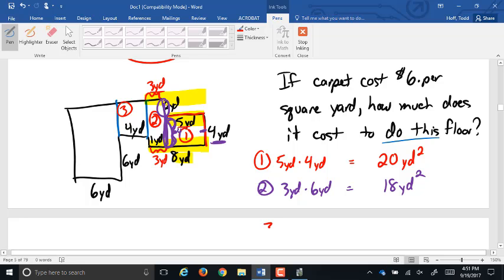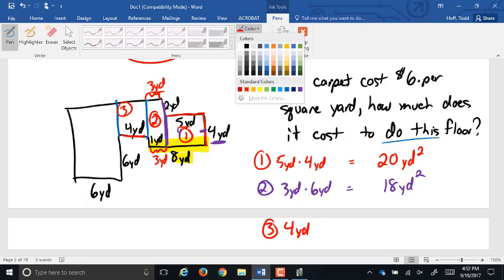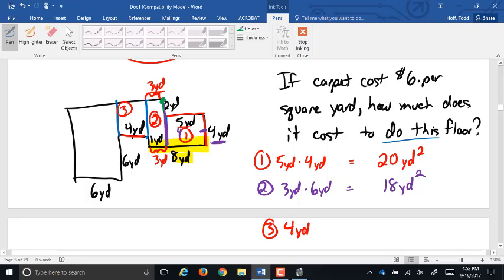This third piece, the first side is easy. That side's given as 4 yards. The next one is more complicated again. Let me erase some junk and get it out of our way here. We know this whole side from here down to here turned out to be 6 yards. That was the 2 plus the 4.